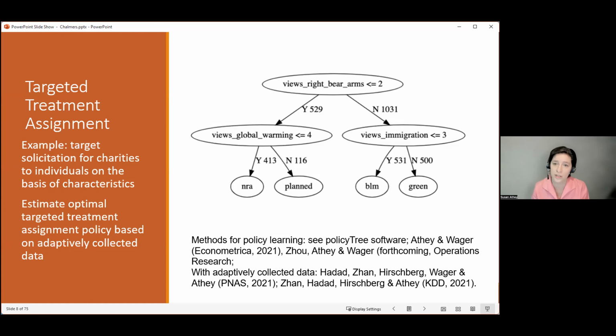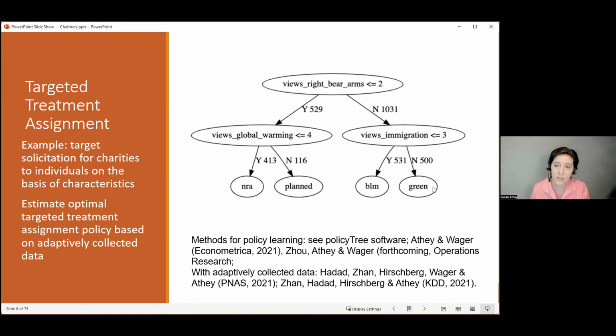In this, we were gathering data from people on a survey platform. We were asking about their political views, and then we asked them which charities they would donate to. And we wanted to try to understand whether we could, in a sample size of a couple thousand people, learn how to target which charity we gave to people.